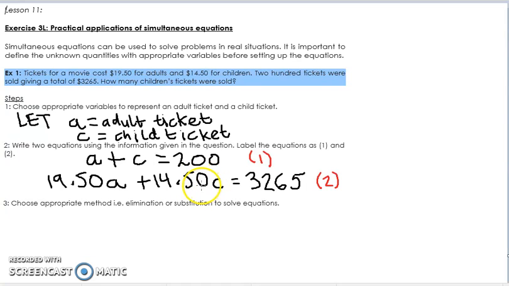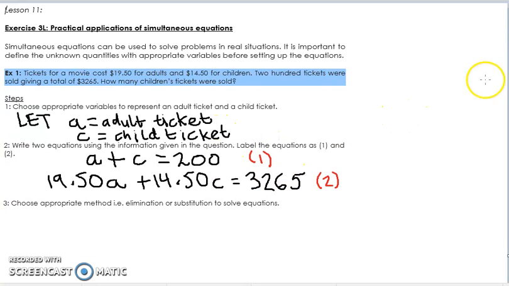If we multiply these two together respectively, add them together, it should give us $3,265 based on the total amount that's been given in the question. This is a tricky part to get, and it's not obvious to write down straight away because of the way that the information has been given. But if you can get these two equations correct, then the rest is really easy.